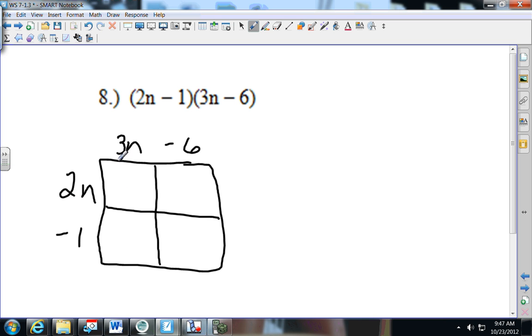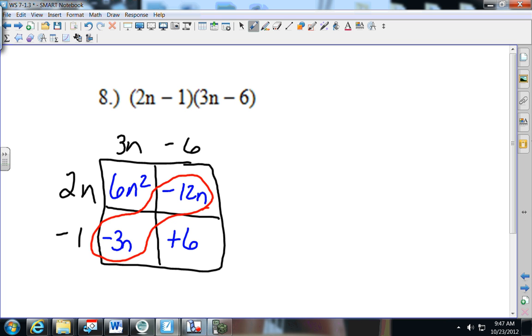Right here, I've got 2n times 3n, 6n squared. 2n times negative 6, negative 12n. Negative 1 times 3n, negative 3n. Negative 1 times 6, positive 6. I'm going to put my two n's together right here. I get 6n squared minus 15n plus 6.